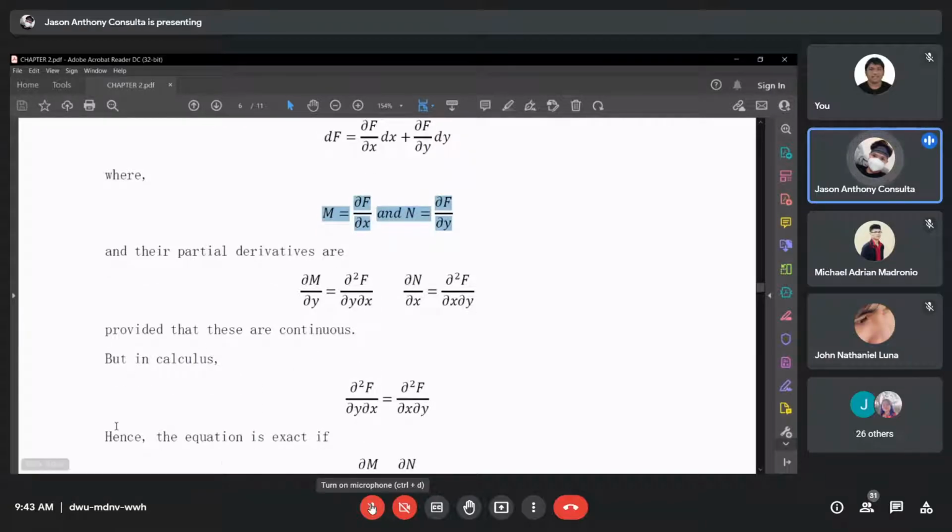So, but in calculus, when you solve this problem, these are equal. Okay, sa partial derivative and partial integration.